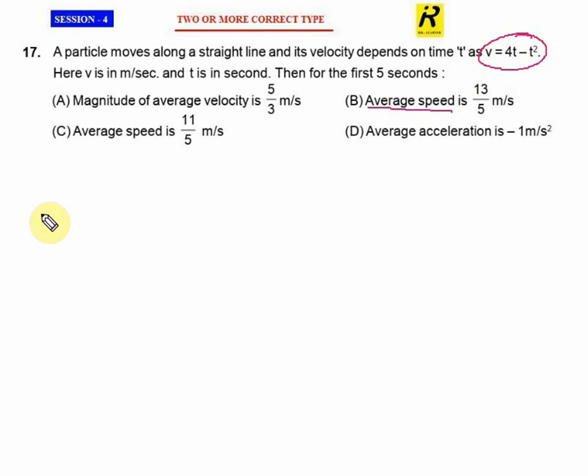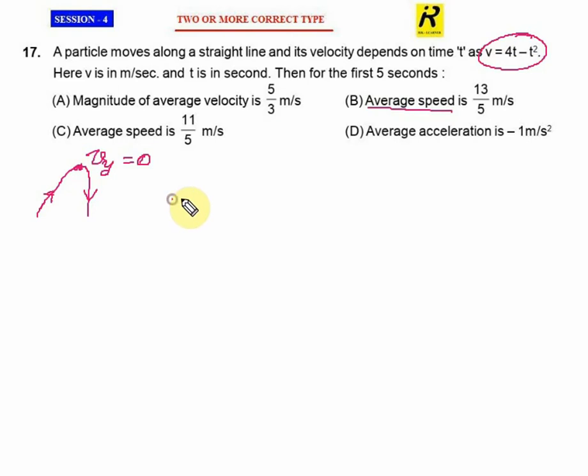If you throw something up and it comes down, the vertical velocity at the top is zero. When it goes up and comes down, the vertical velocity is zero at that point, but the horizontal velocity is not zero.